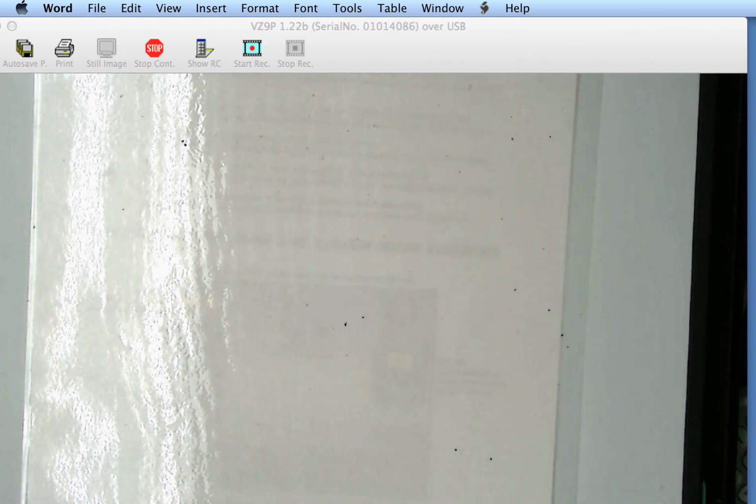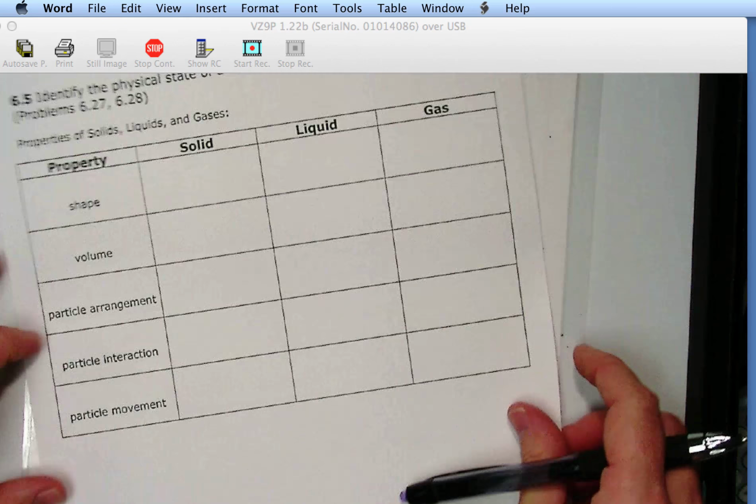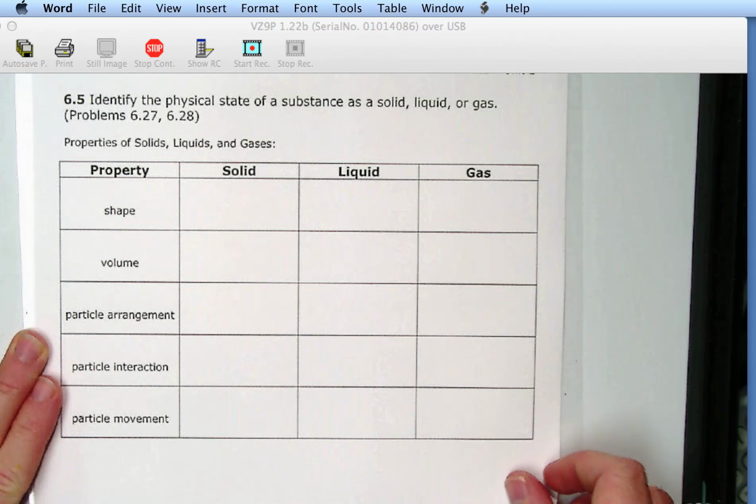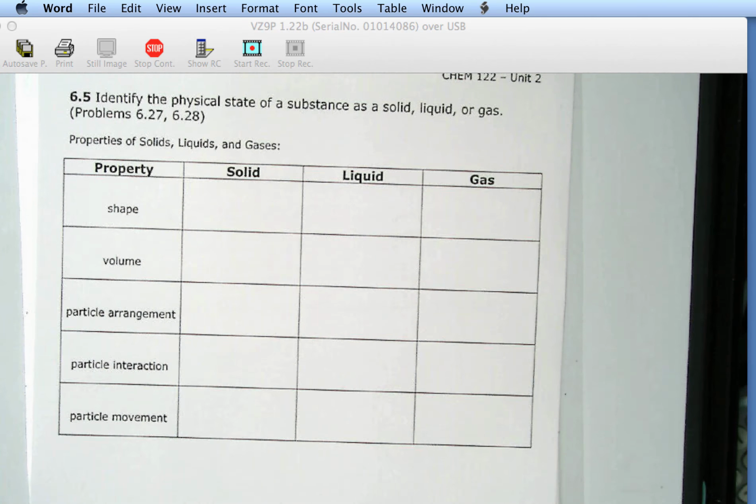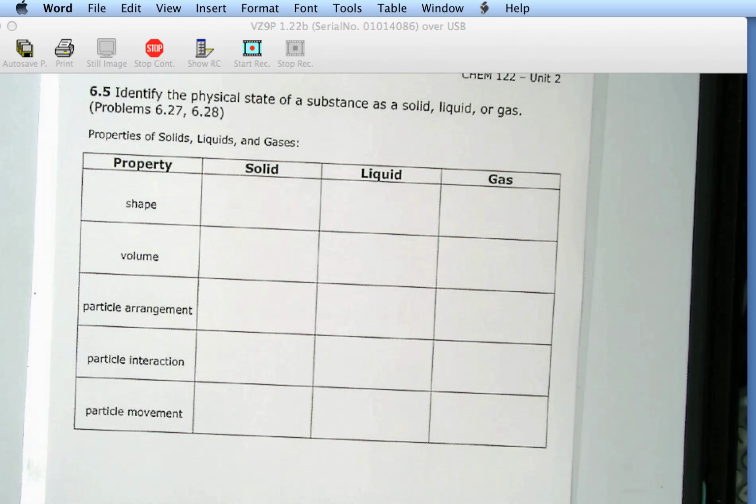Let's try and do one more page. And this is the different properties that solids, liquids, and gases have. So you know this.